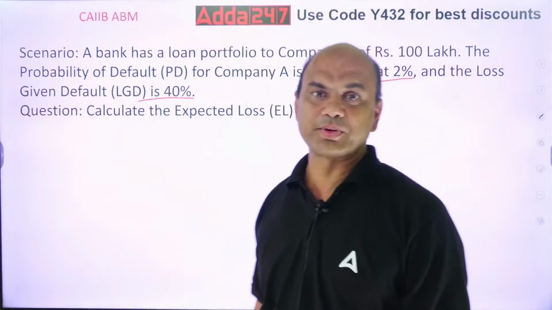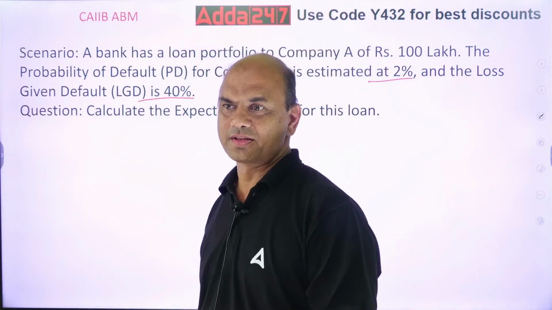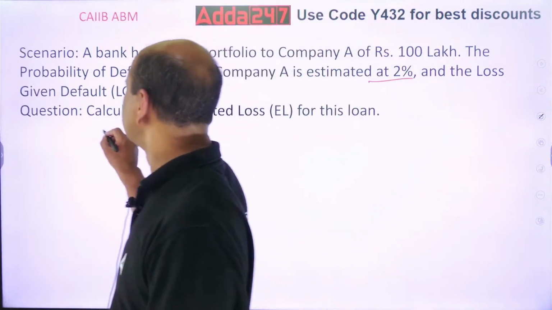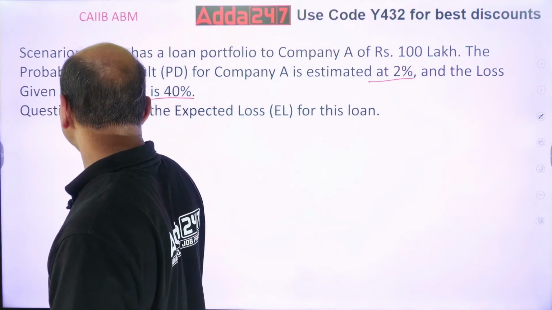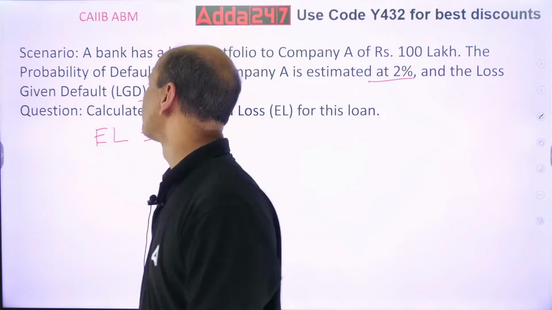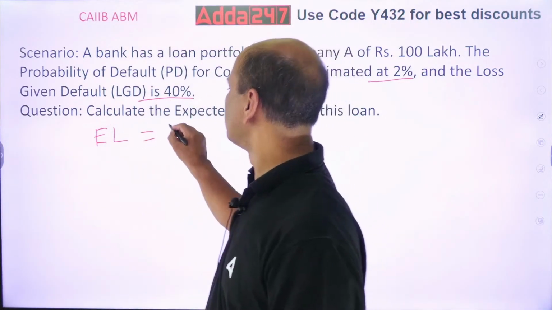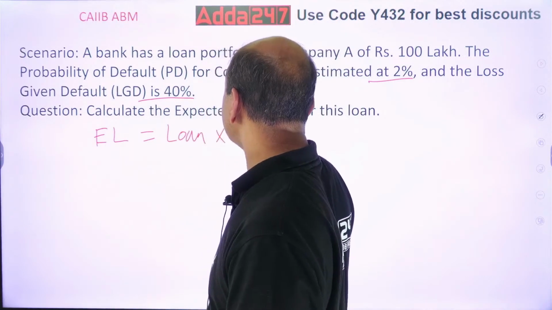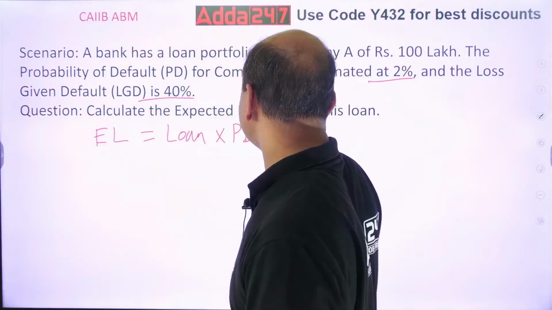How to find the expected loss? Does anyone have the formula? Expected loss, EL, equals loan amount into probability of default into LGD.